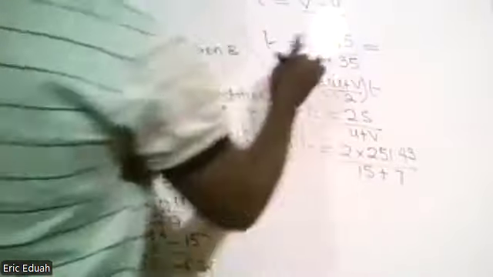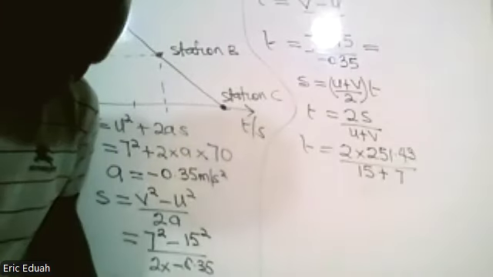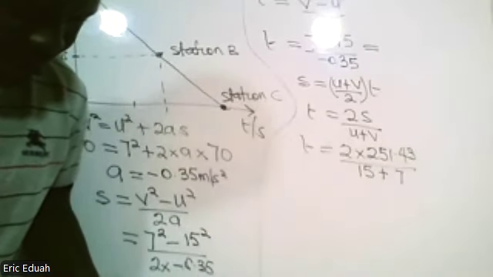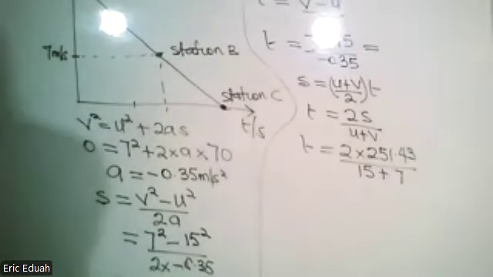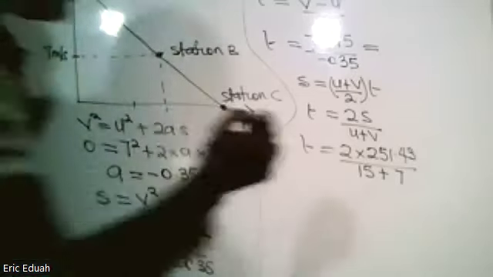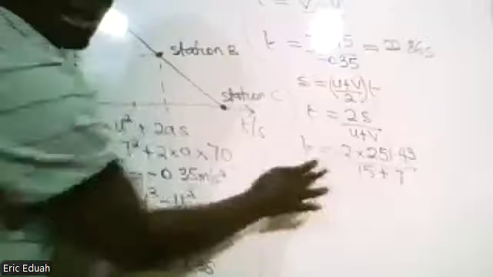What do you make for the first one? What have you made for this? 22.86 seconds. Let's check the time. It said calculate time taken to move from station A to station B. So 22.86 seconds. Let's check this.